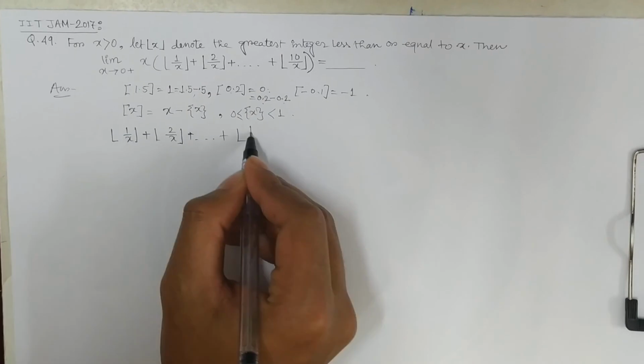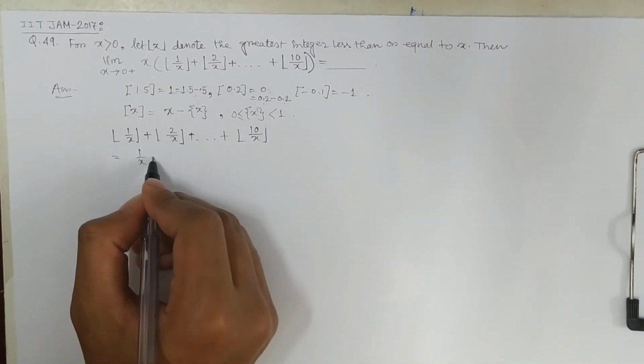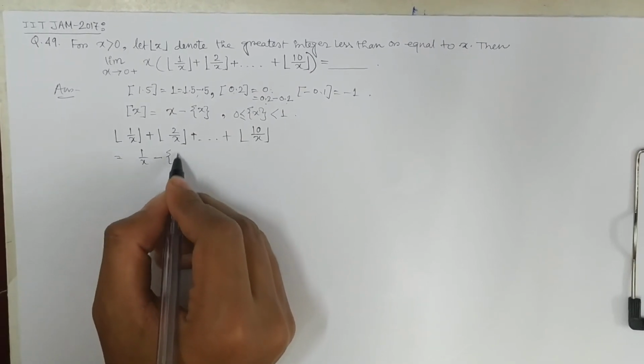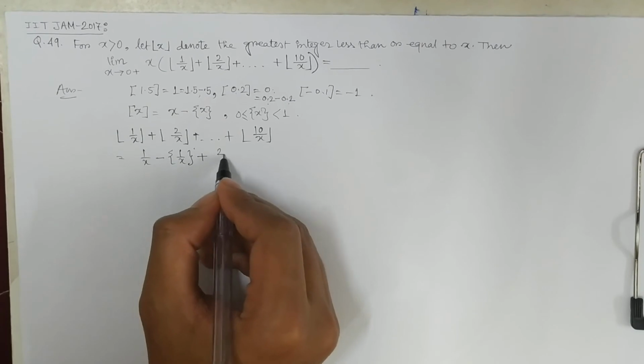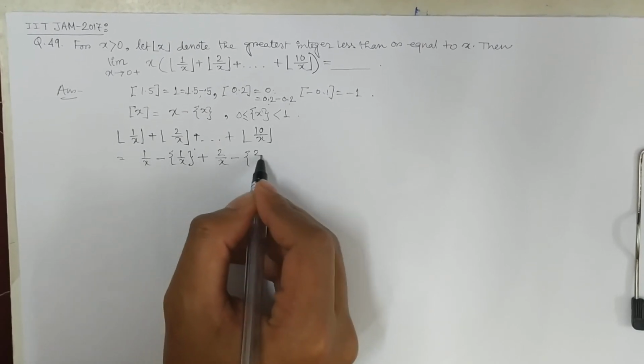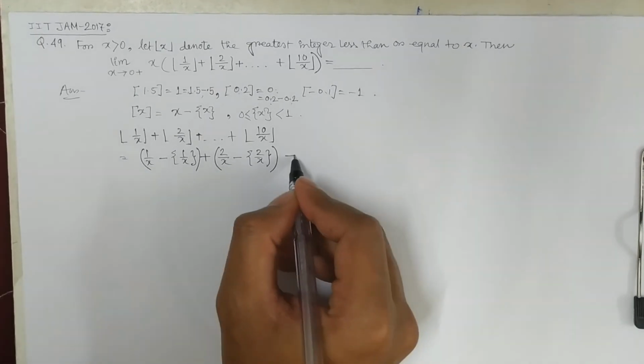up to box of 10 by x equals 1 by x minus the fractional part of 1 by x, 2 by x minus the fractional part of 2 by x, and so on.